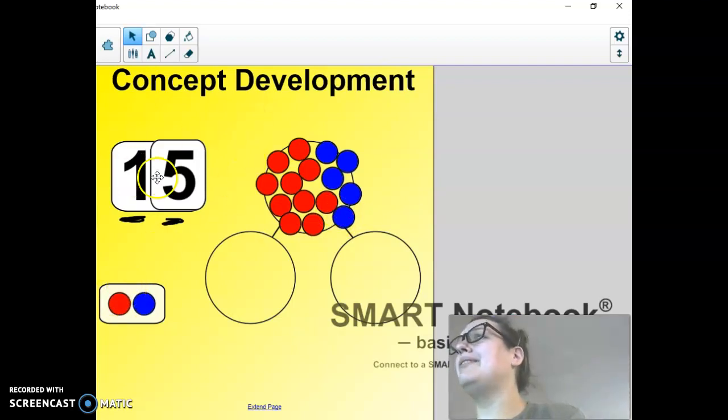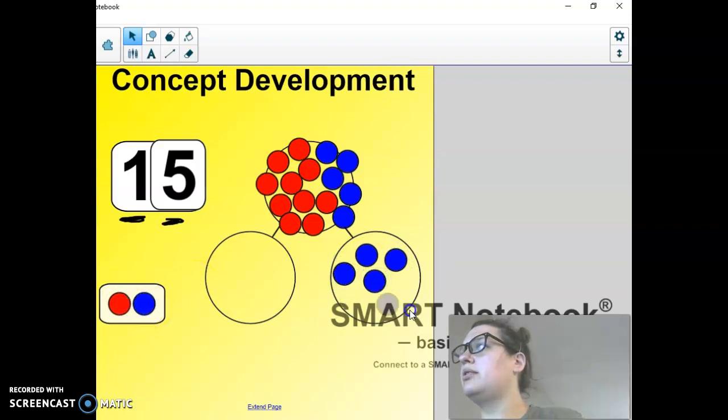But now we've got to figure out how we're going to split up these two parts. How many blue are there? 1, 2, 3, 4, 5. 5. So I'm going to move 5 blue over here. 1, 2, 3, 4, 5.